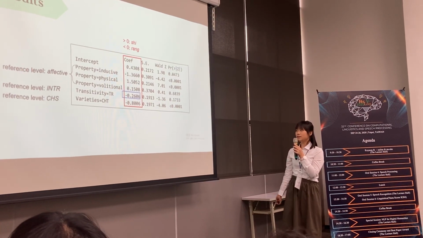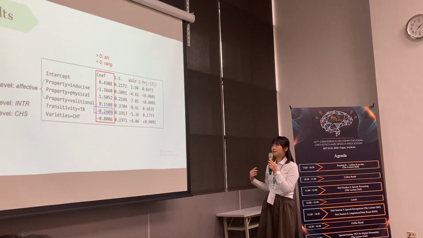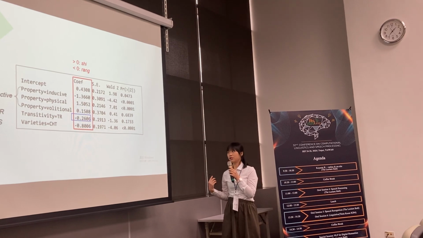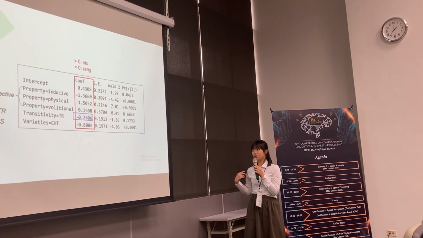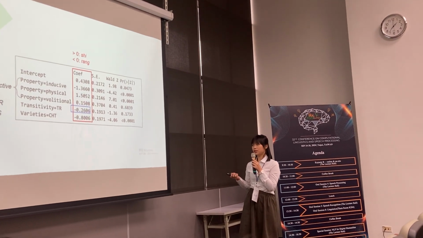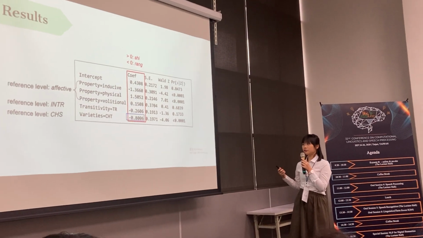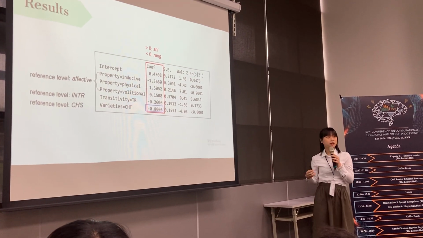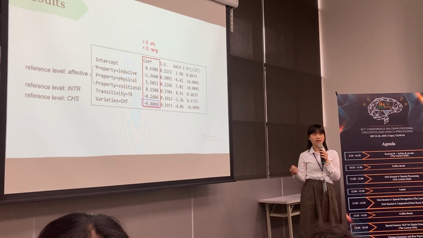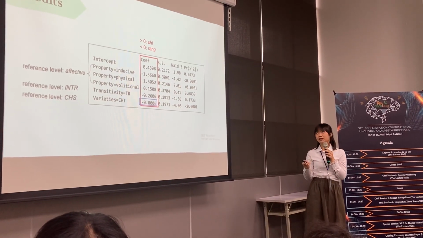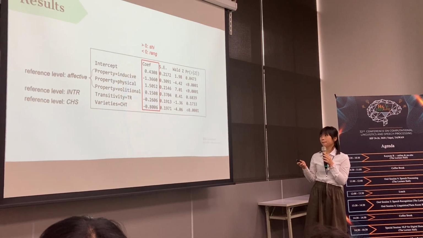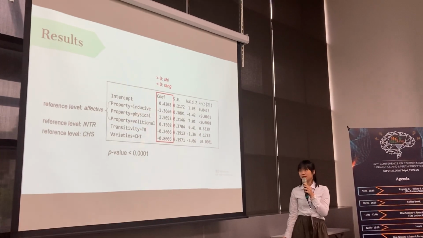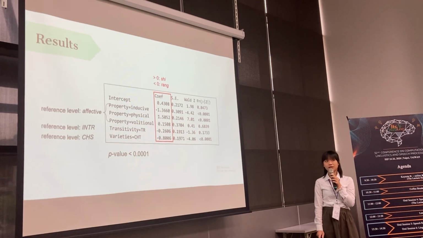As for the transitivity, it seems to favor the use of 让, but the number is rather small, so it does not have a huge influence on the word choice. As for the variety, it seems that traditional Chinese is more likely to use 让 than simplified Chinese. Our p-value is rather small, so it shows that our model is significant.